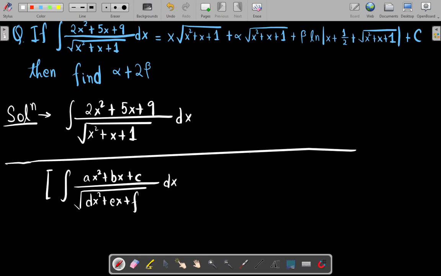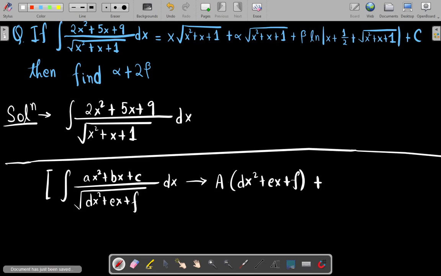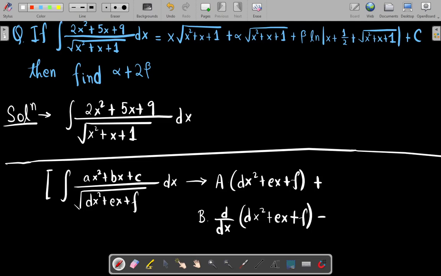In order to solve such integrals, the substitution that you need is a constant A times this denominator, which in this general case is dx² + ex + f, plus B times the derivative of the denominator. There are too many d's here, but just consider this d as a constant, not related to the dx. So dx² + ex + f plus another constant, capital C. There are three constants that you need to find out after doing the substitution.